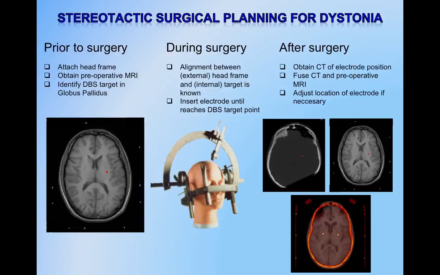We can see how well that is aligned with our target point that we had from our initial MR. Ideally we'd like to do an MR after the surgery as well, but there's heating issues with having a big long electrode, so we have to do a CT afterwards and do this fusing technique.